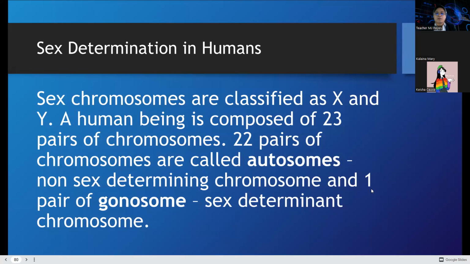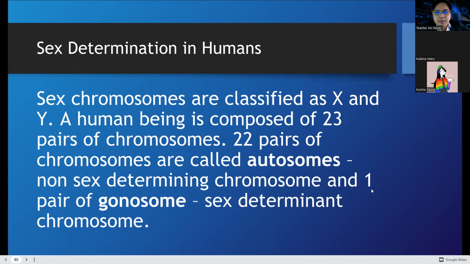When you say sex determinant chromosome, this gives us an indication that the organism could be a female or male. If an organism is female, it is classified as XX, while if an organism is male, it is classified as XY.